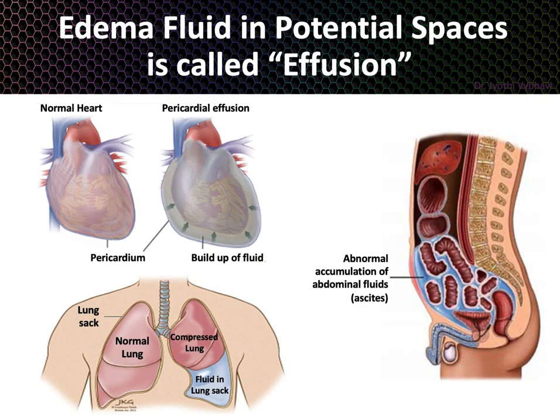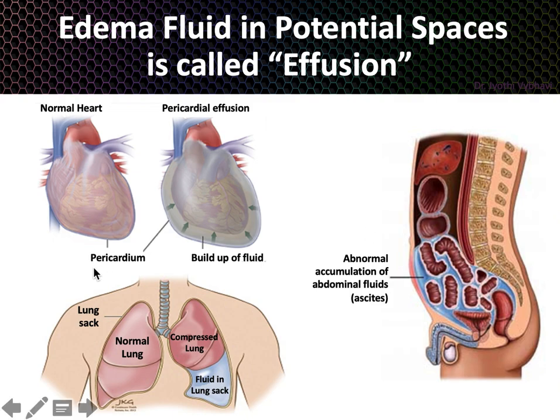So whenever there is edema in the subcutaneous tissue, even these spaces get increased fluid and there is edema. Whenever there is extra fluid in these potential spaces, for example in the pericardial space, we call it pericardial effusion, or pleural effusion. So we call it effusion.